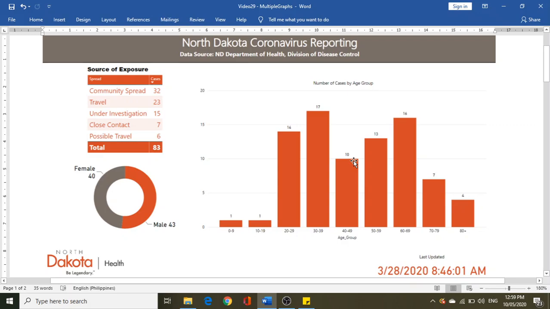So the other age groups with numbers ranging from 10 cases to 14 cases include those in their 40s, their 50s, as well as the young adults.